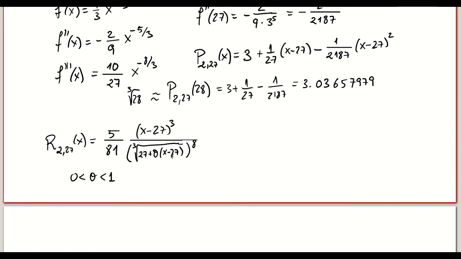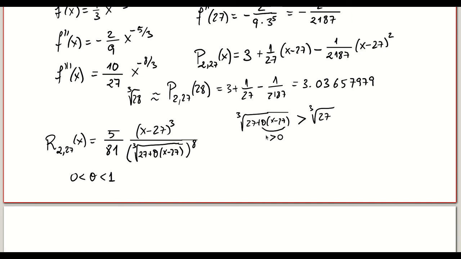Okay, this is very easy to find an upper bound of, because the cubic root of 27 plus theta times (x minus 27) is larger than the cubic root of 27, because x minus 27 is actually 1, so this is positive.